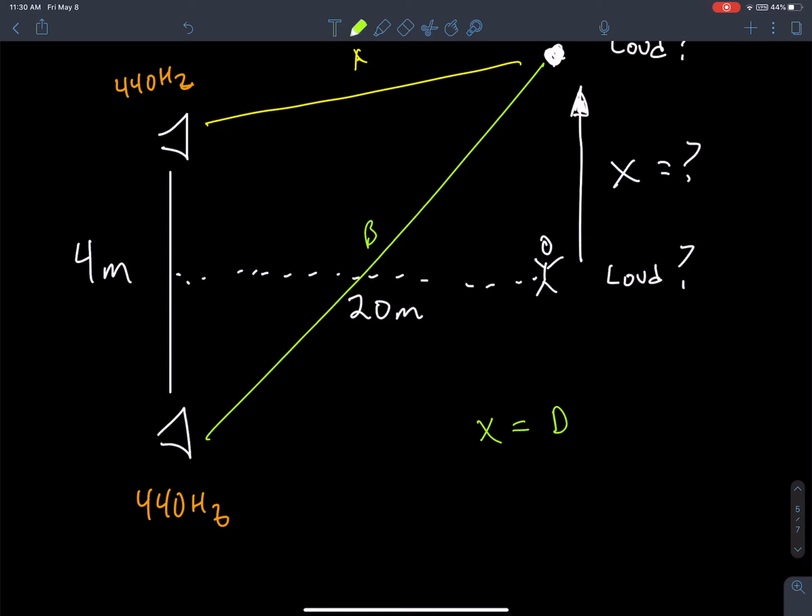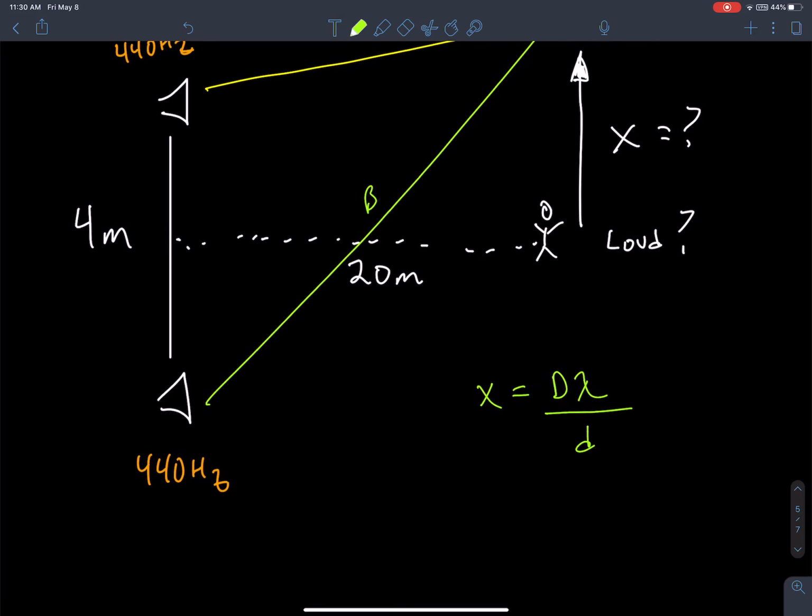And then the next thing here would be the wavelength of the source divided by little d, which is the separation of these two speakers.